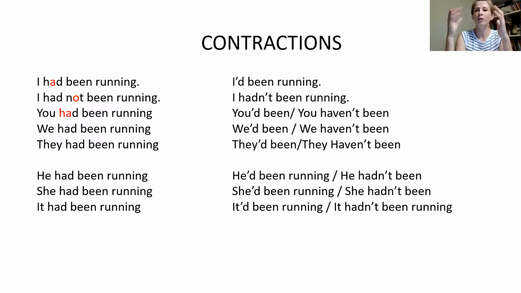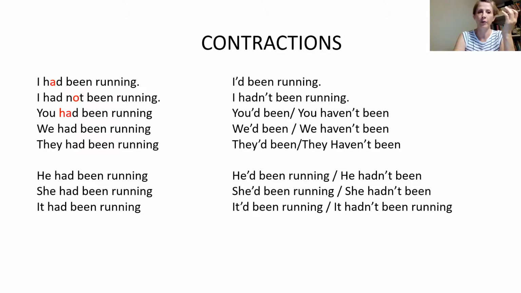We just contract it. We take the A away, put an apostrophe in front of the D, and it changes into I'd been running. For the negative form, I had not been running, we take off the O, put an apostrophe in front of the T, join the words together, and it changes into I hadn't been running.